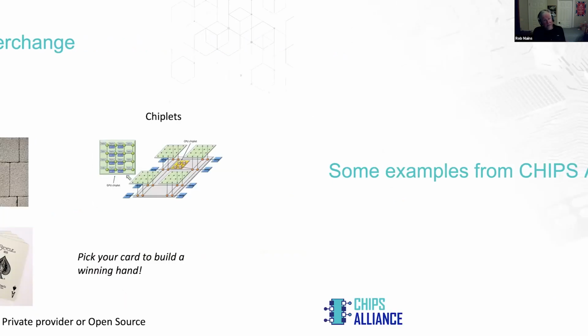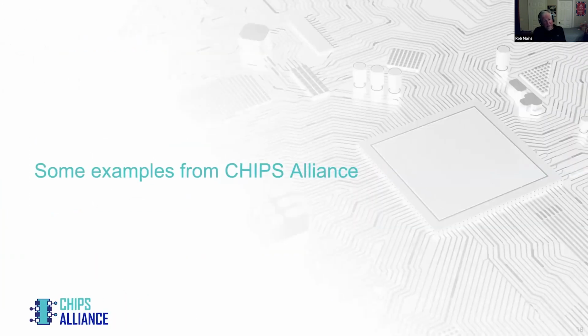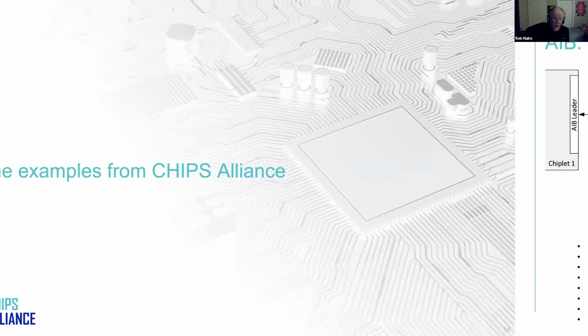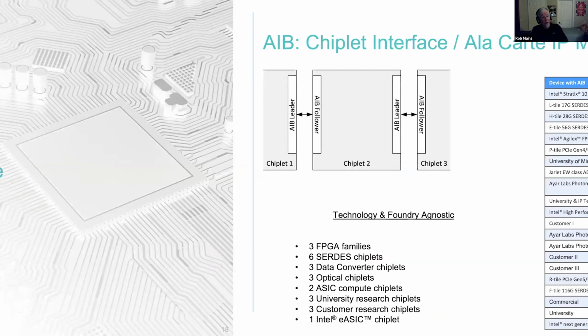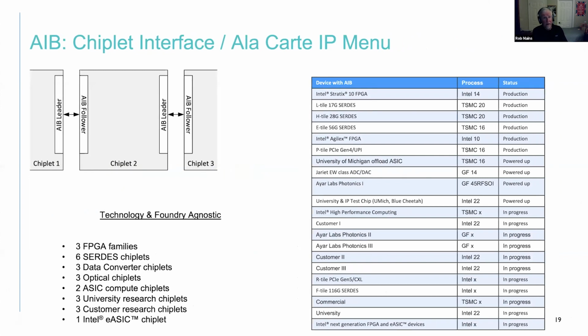So let's just take a look at some of the examples from CHIPS Alliance that we are doing in a collaborative fashion. I mentioned earlier, or just in the other chart here, the AIB chiplet interface, which was donated by Intel. I think the big thing about this is that it really establishes both a protocol and the electrical aspects of the signals between these different chiplets.